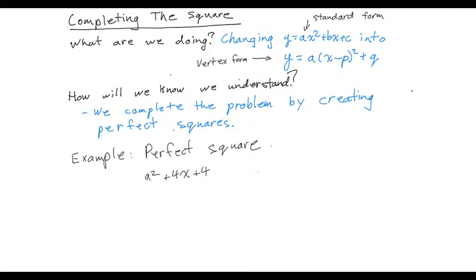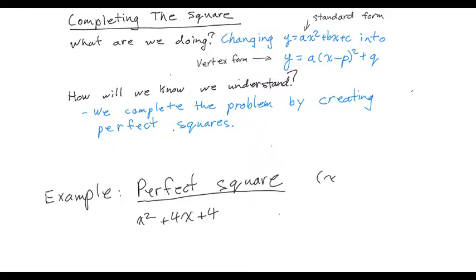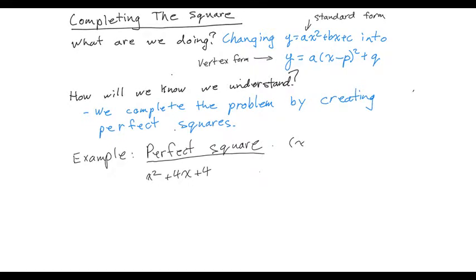Okay. Suppose we have this equation here. We're going to check to see if this is a perfect square. If this is a perfect square, then what we have is something that looks like x plus p all squared, or x minus p all squared.